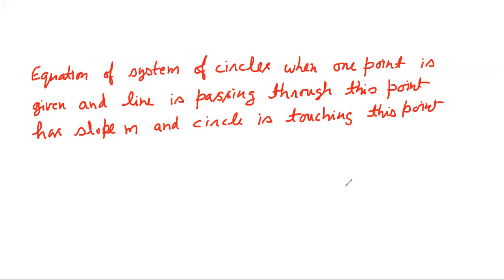So the meaning is that we have a point P, and I give the coordinates of point P as (x1, y1). Okay. So we draw a line.